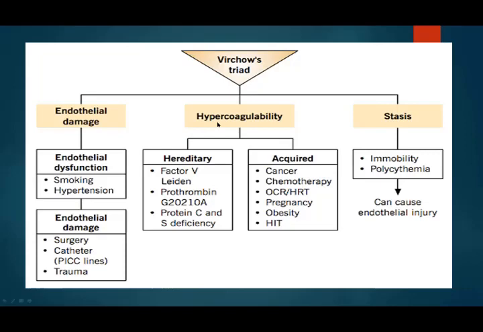In addition to the physiological changes of hypercoagulability, some people have hereditary changes as well, which further enhance the risk. For example, factor 5 Leiden mutation, prothrombin G20210A mutation, and protein C and S deficiency.